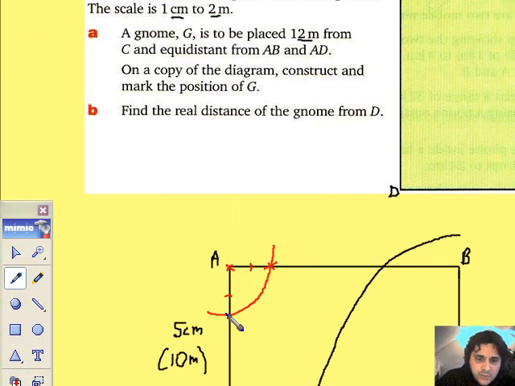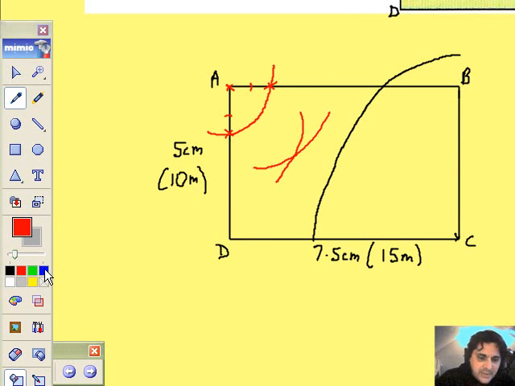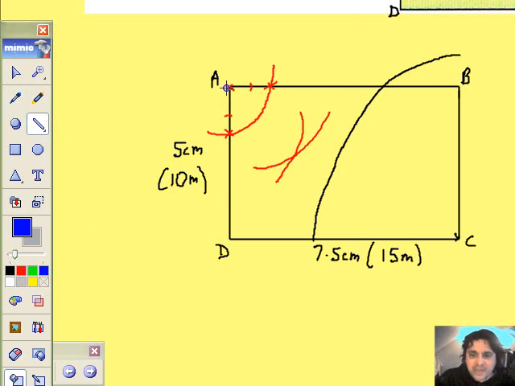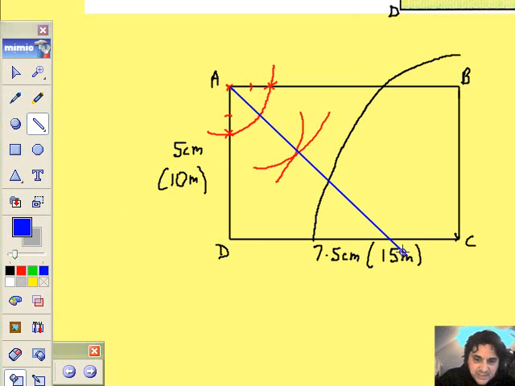I've created 2 points there and there, so put your compass point there and swing round like so. Put your compass point there and swing round like so. Again, the arcs overlap. Now I'm going to bisect that angle. By bisecting that angle, I am following a path that is equidistant between AB and AD.